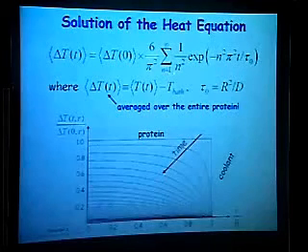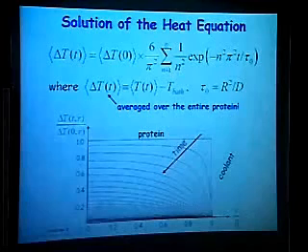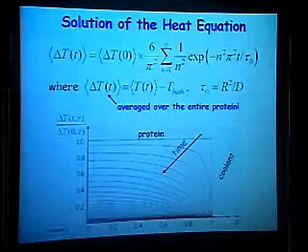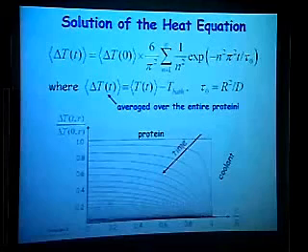This infinite series contains 1 over n squared in the denominator. So in a first approximation, you can just take the n equal 1 term, and for that you will get e to the minus pi squared t over tau 0.